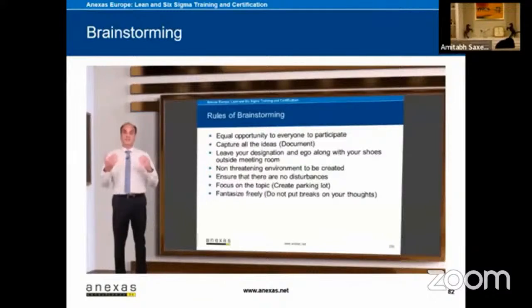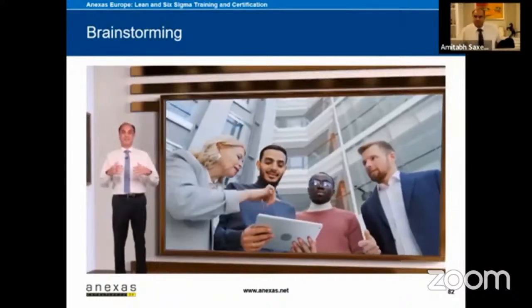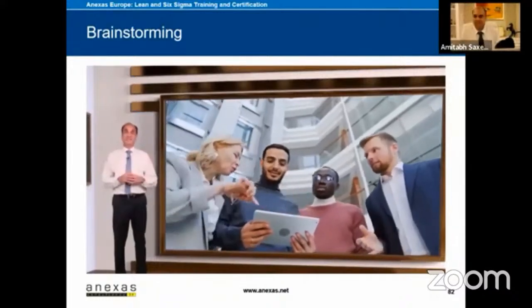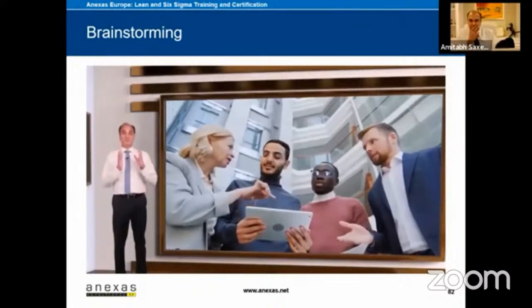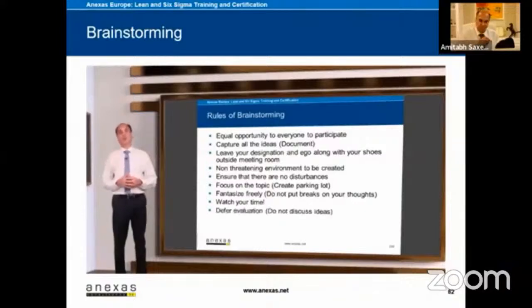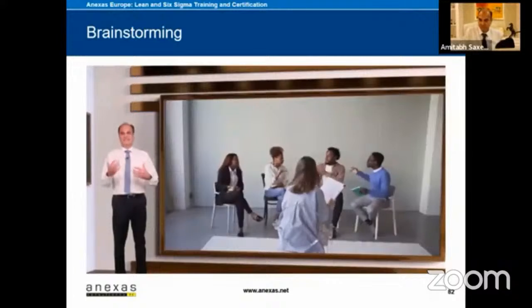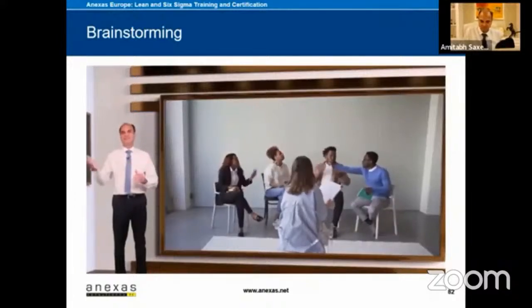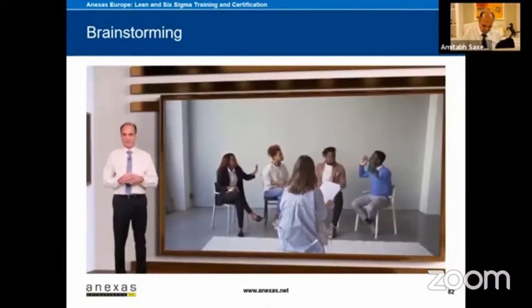We should encourage people to fantasize freely. We should not put brakes on our thoughts. So you can give some out-of-the-box ideas, you can give some wild ideas, and if people are giving you wild ideas, they should be encouraged. If you give a specific duration for brainstorming, we should try to complete the brainstorming within that time. And defer evaluation. Now this is one of the rules which is often violated. People start discussing the ideas. Someone gives an idea and someone else says, well, it will not work in an organization.